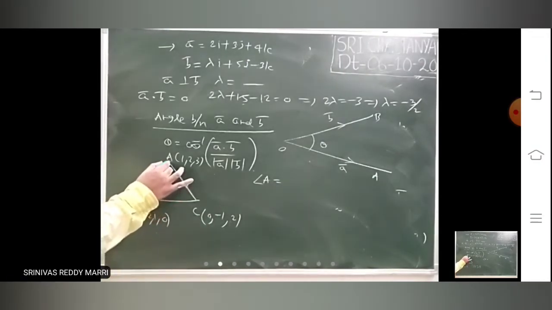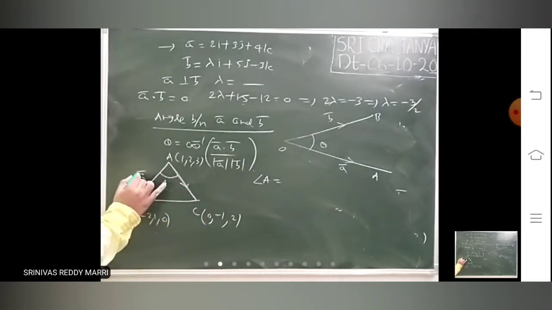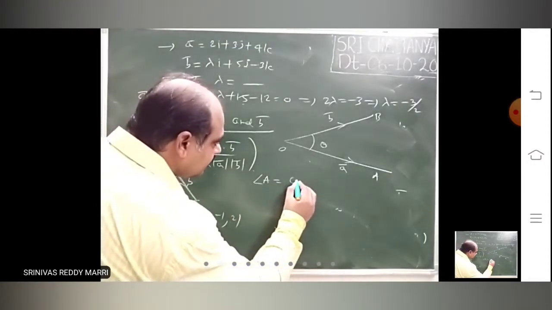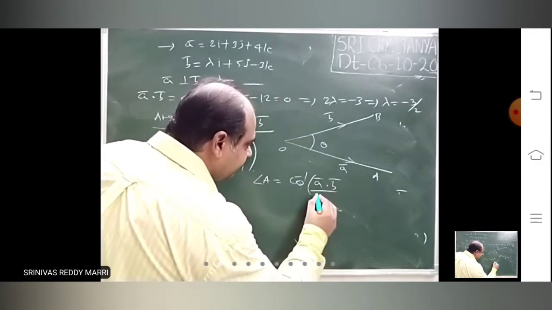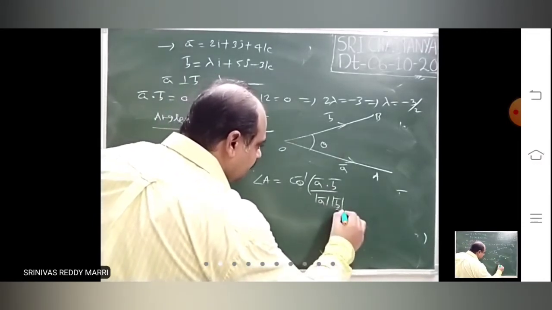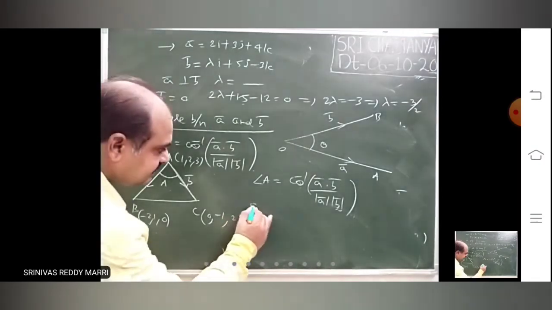Now let us say this is A bar, this is B bar. The angle A is nothing but the angle between A bar and B bar. What is the formula? Modulus A bar into modulus B bar. That means I will calculate what is A bar.